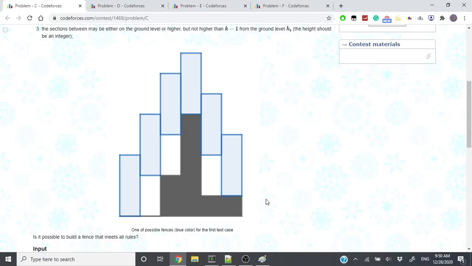So let's see, if we have some fences that are too far apart, then it's not possible. What classifies as too far apart?